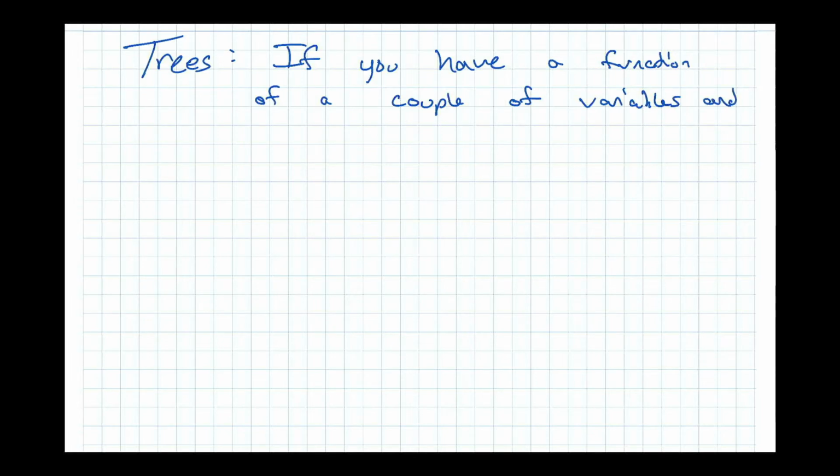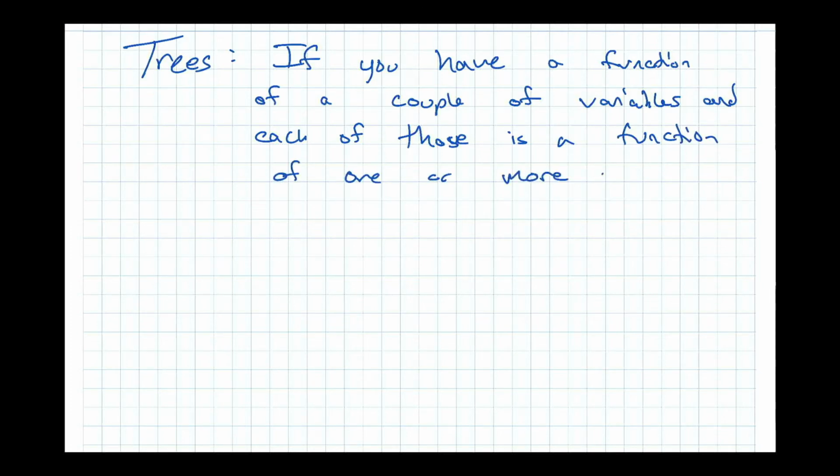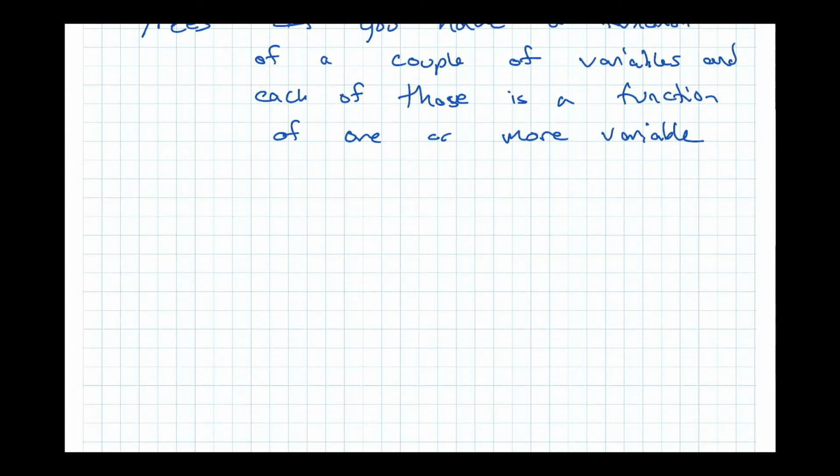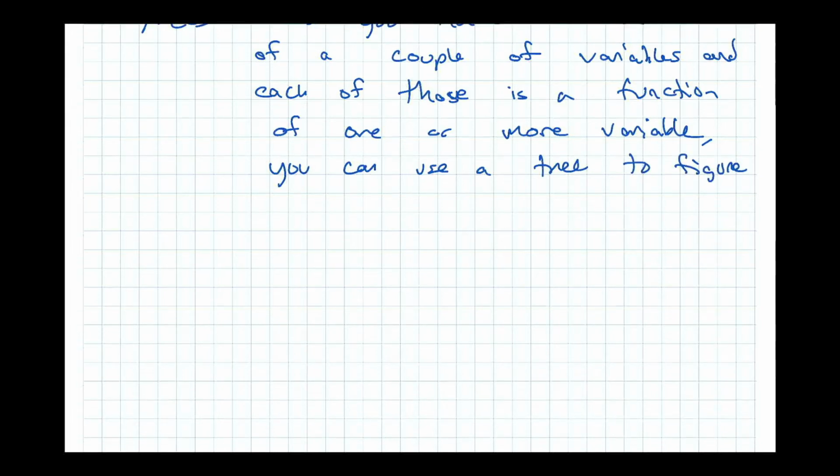And each of those is also a function of at least one other variable. Then you can use a tree, which you'll see momentarily, to figure out what the formula is for computing the derivative.